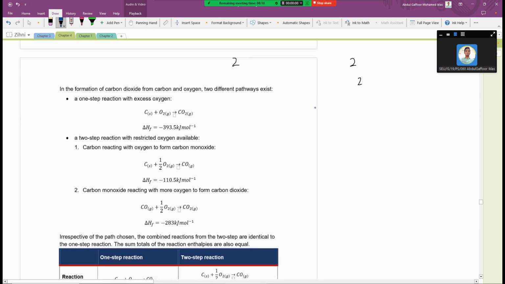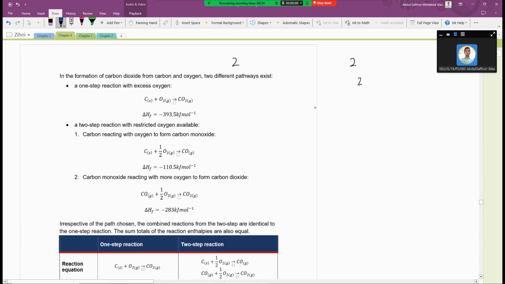Now we will look at an example where carbon dioxide is formed. Carbon dioxide can be formed from carbon and oxygen, and the formation enthalpy is this. We have already calculated it, but you don't need to remember these values.